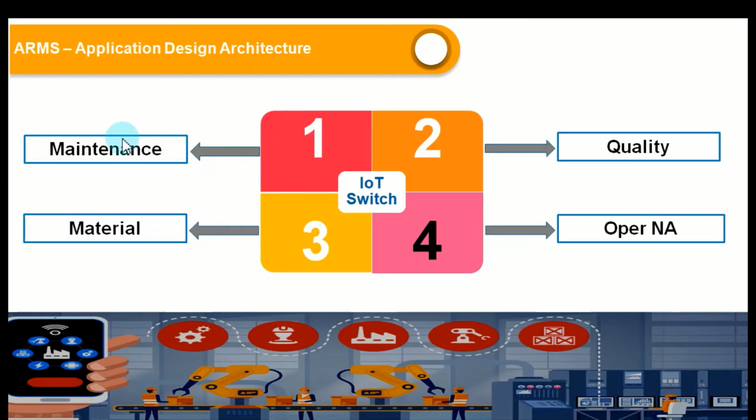So this is the IoT switch design and architecture. Here 1 represents the maintenance department, 2 represents quality, 3 represents material, and 4 operator non-availability.